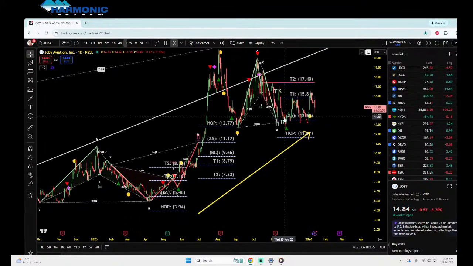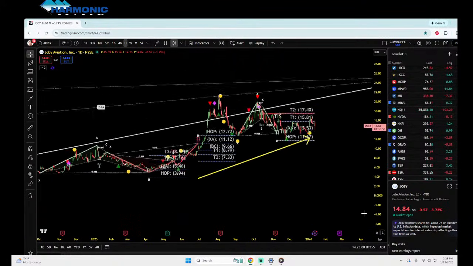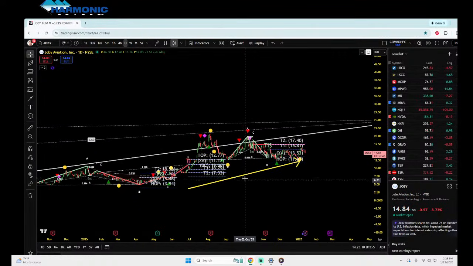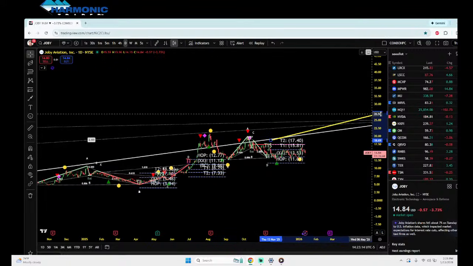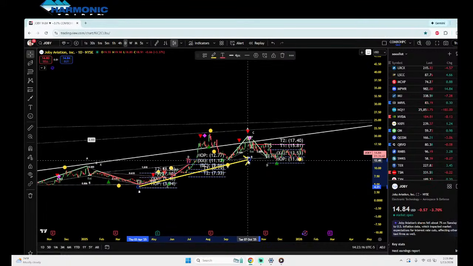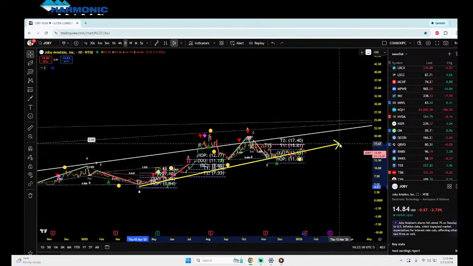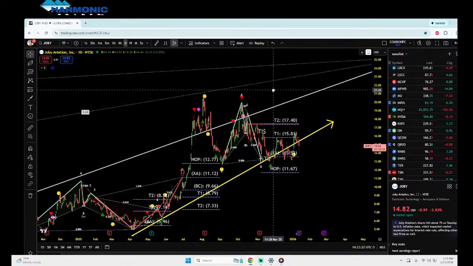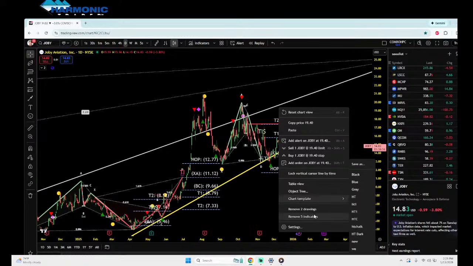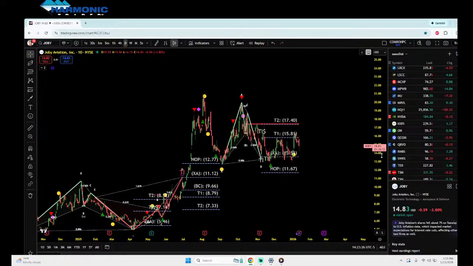Blast up, retrace, nice bullish bat pattern. Can we go again? I am long this, by the way, but I'm holding it for a while. I'm still long. Should I add to it? Maybe. And there's going to be more of those, and that's really what we're going to do with these sessions.